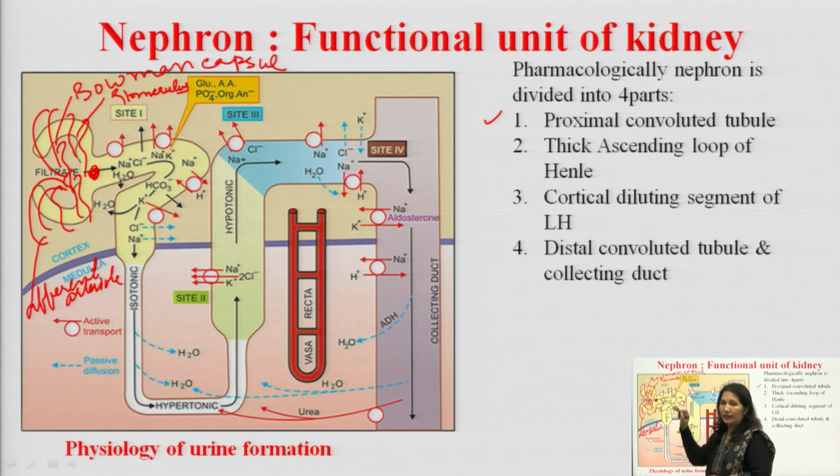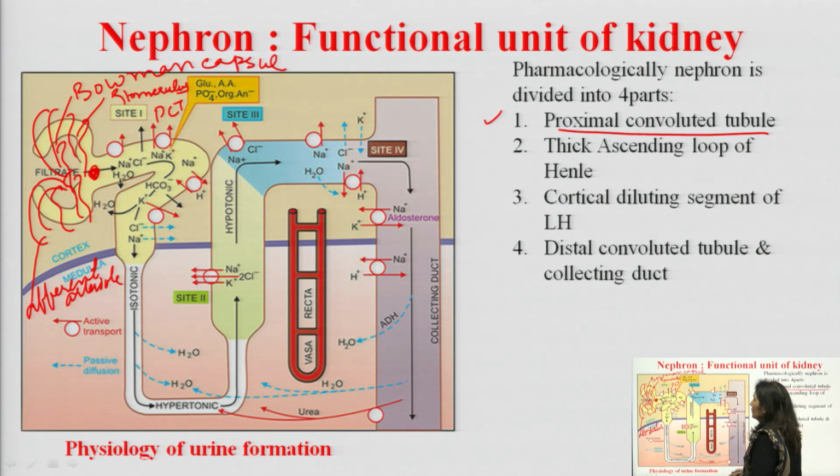Now this filtrate reaches site 1. Site 1 is known as the PCT, proximal convoluted tubule.